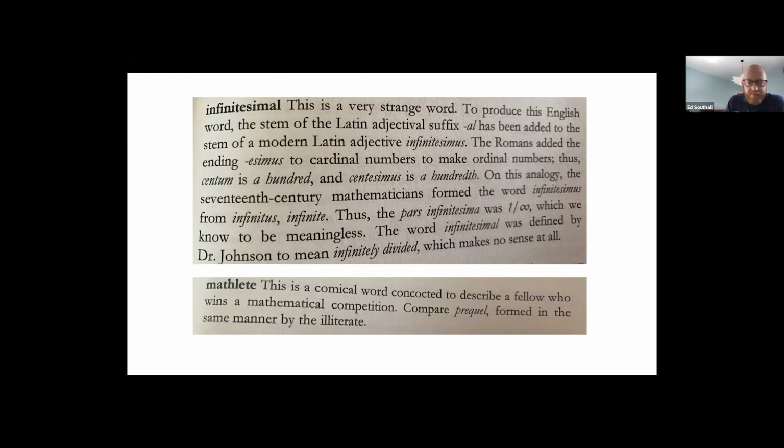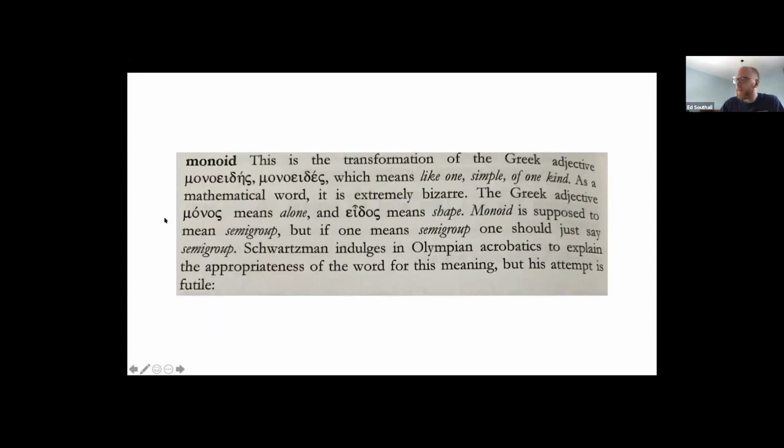And in fact, don't worry, I won't go on about him for too long, but he's well aware of the other book that I mentioned, Schwartzman's book. So when he's talking about the word monoid here, he mentions Schwartzman specifically, and is a little bit dismissive about him as well.